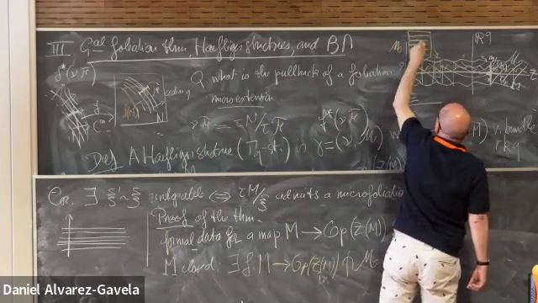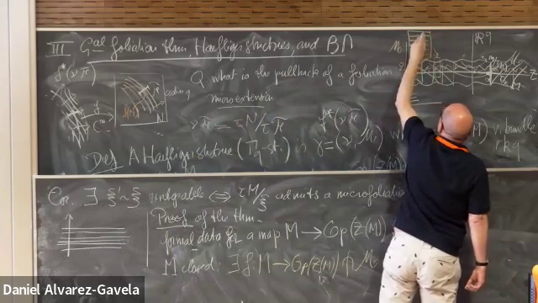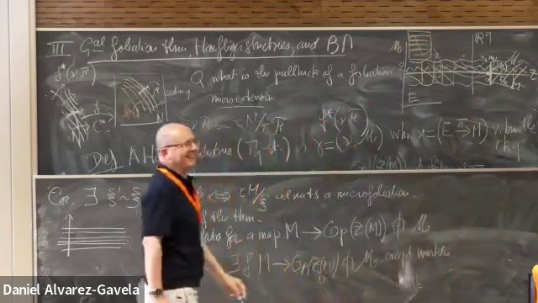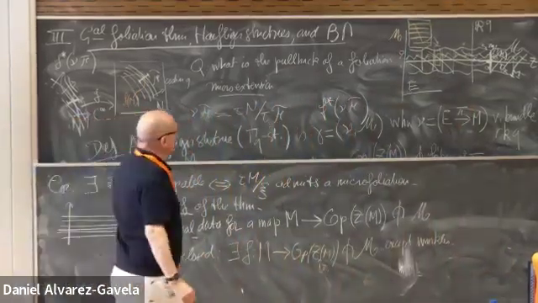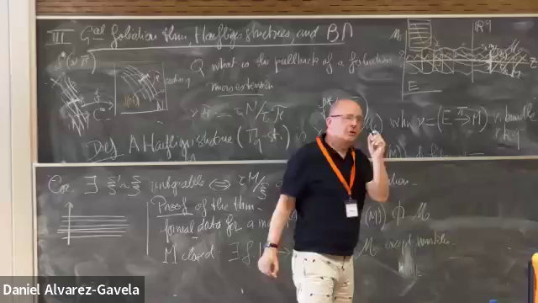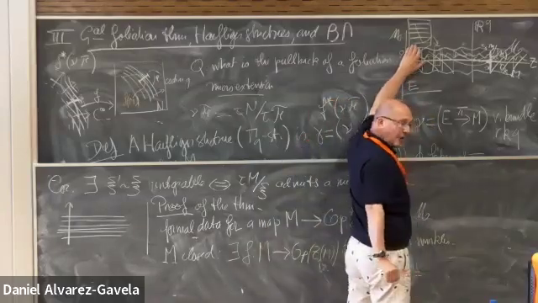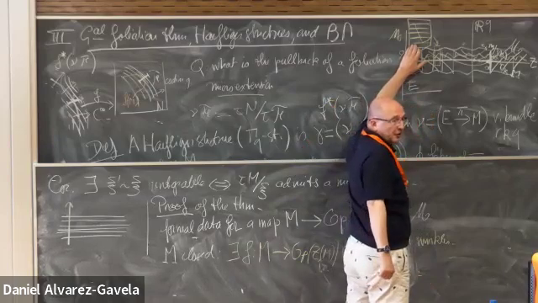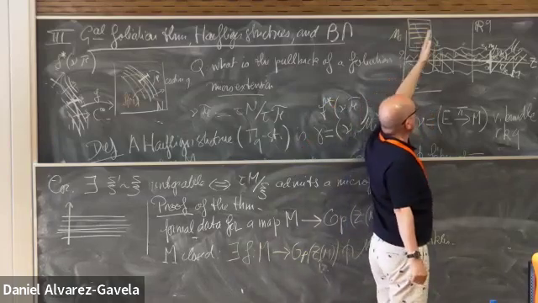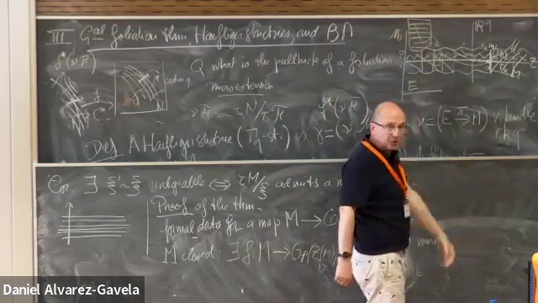Here is M. And these wrinkles, you can also arrange that they are very small. So they are contained in places where the microfoliation is given by a submersion, the local projection to the fiber.